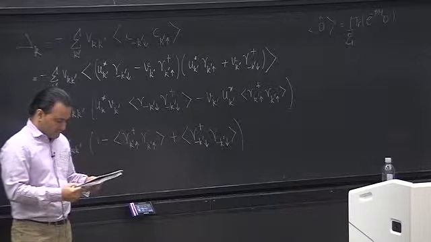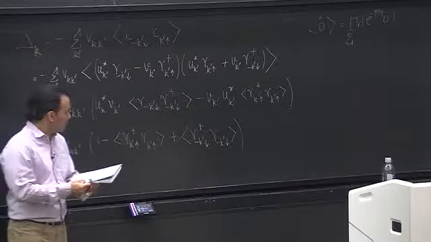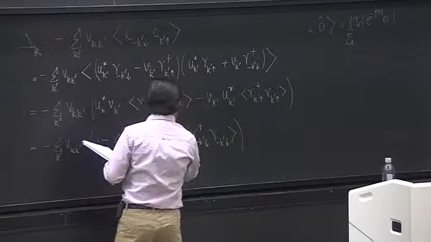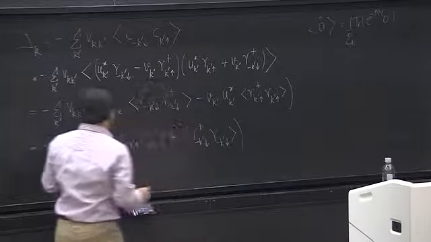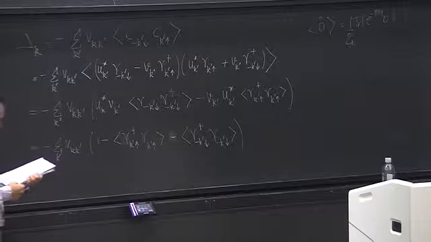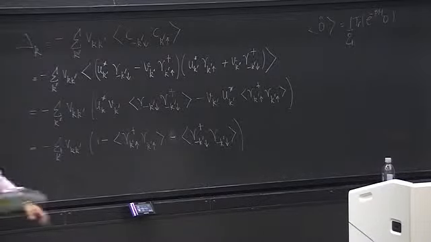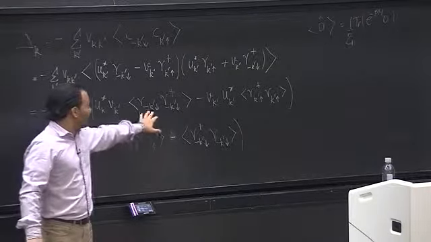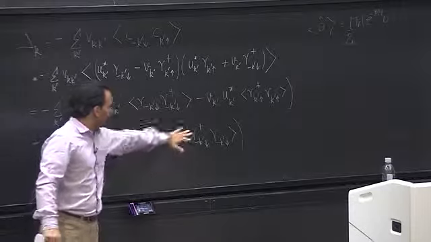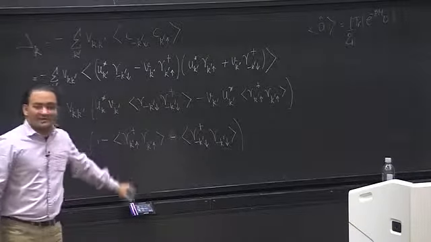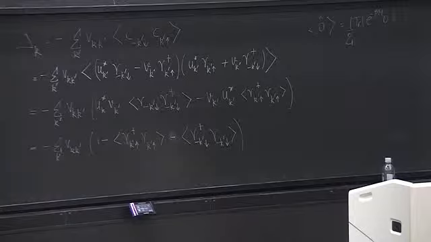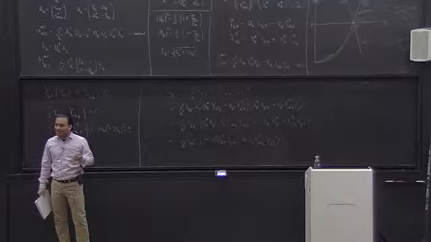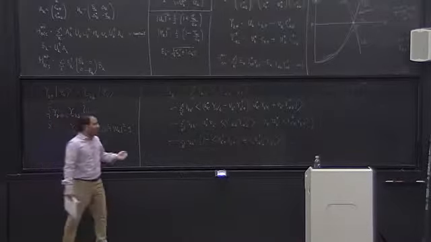What I did is I wrote this as 1 minus, using the anti-commutation relation. So minus of this and minus of this. Now this is an expectation value over a number operator of a fermionic quasi-particle. And the same thing here.